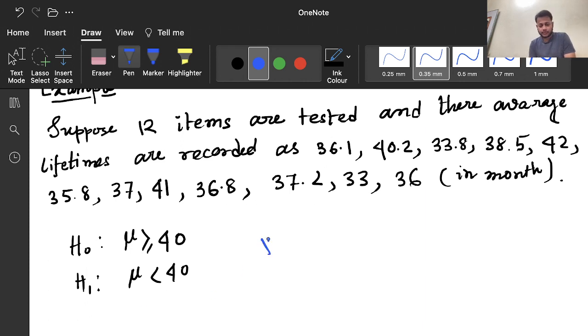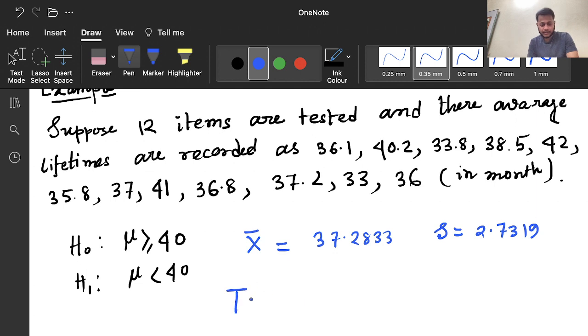We don't know the actual variance here, so x bar is the mean, which is 37.2833, and the sample variance is 2.7319.